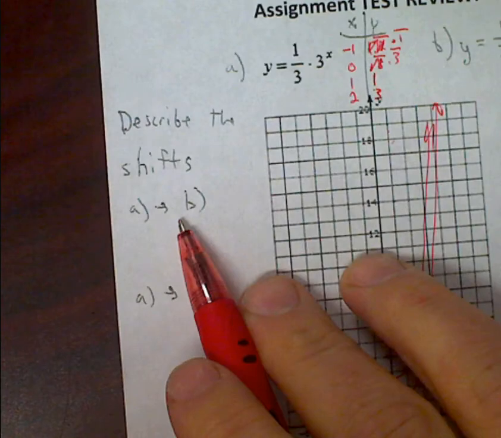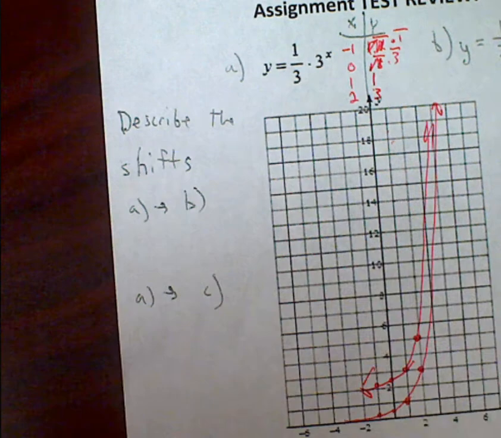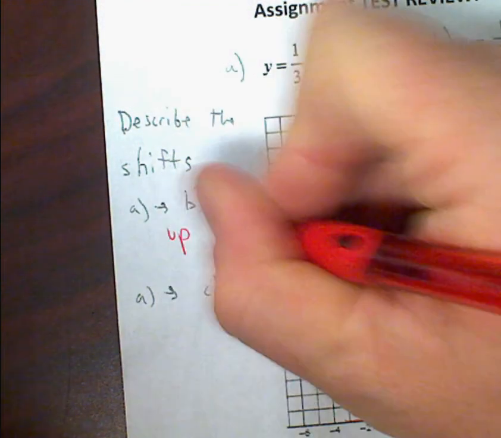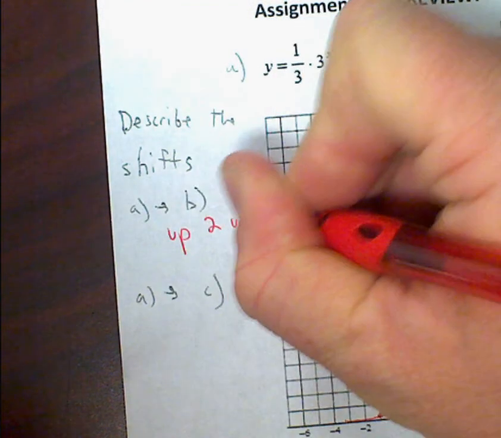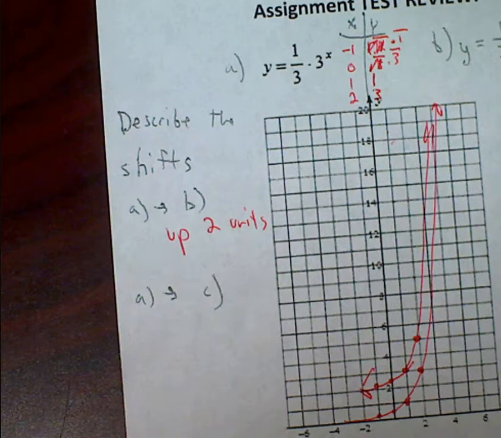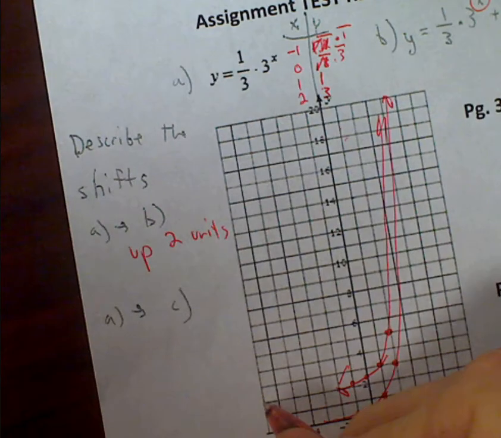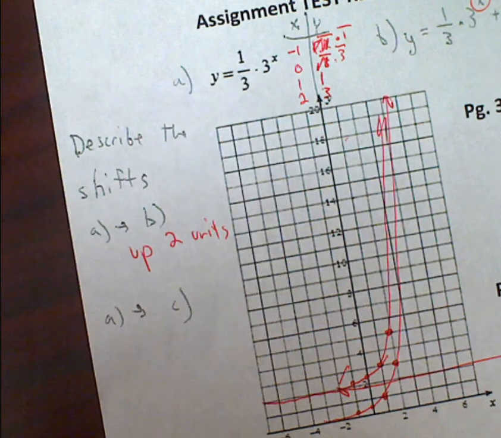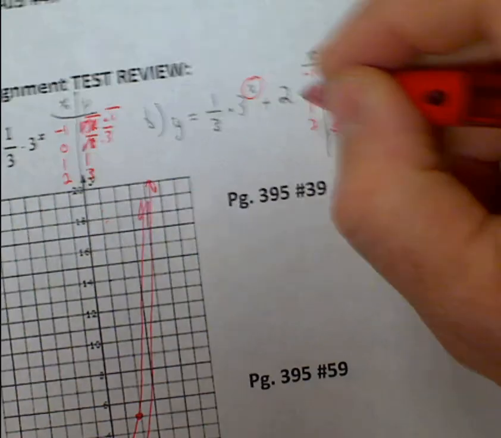So how did A go to B? We went up 2 units. Now remember that it will never cross this line because of this back +2.